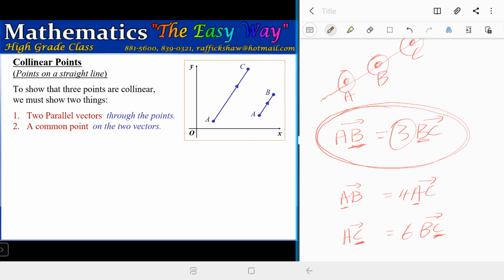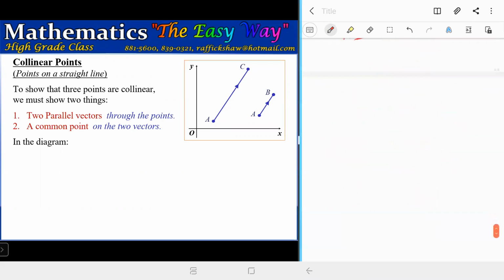All right, so let's look at it over here now. In the diagram now, look at the diagram, guys. You have the vector AB, AC, and you also have the vector AB, and they are parallel. They are already parallel, so one is a multiple of the next.